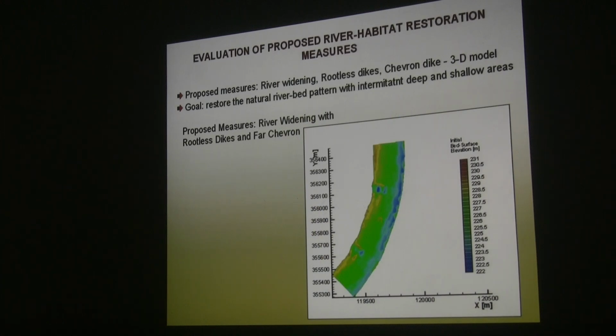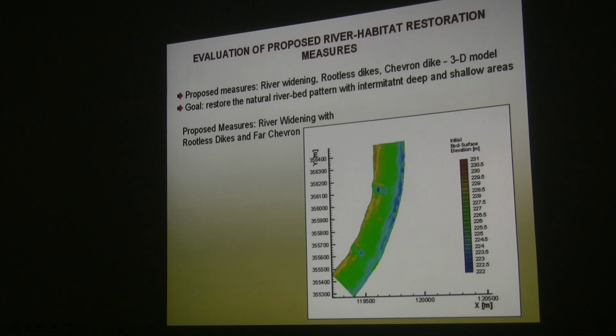Another example, and the last one for today, is evaluation of proposed river habitat restoration measures. We have a river that's practically channelized with river training works, and that is not the natural habitat anymore.